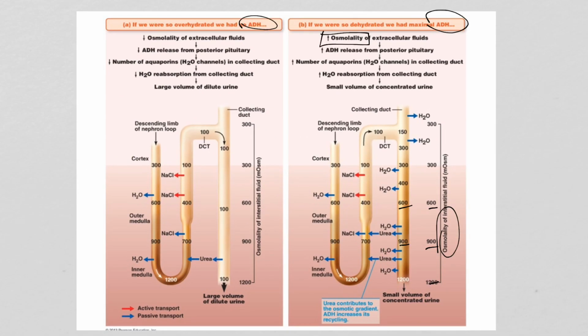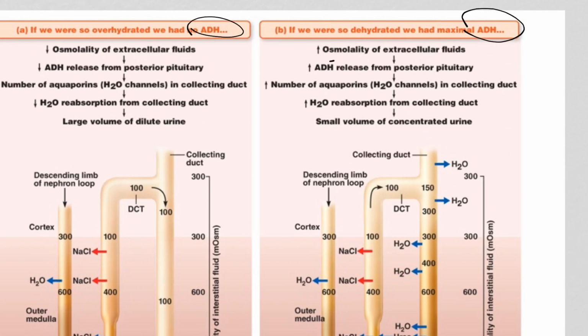And you can kind of think of that as saltiness, but again, like I said, it's not all salts. It's if you take up everything dissolved in a liquid and add it all up, basically counting the number of molecules, that's osmolality. Okay? And so if you're dehydrated, the definition of dehydration is having a high osmolality, right?